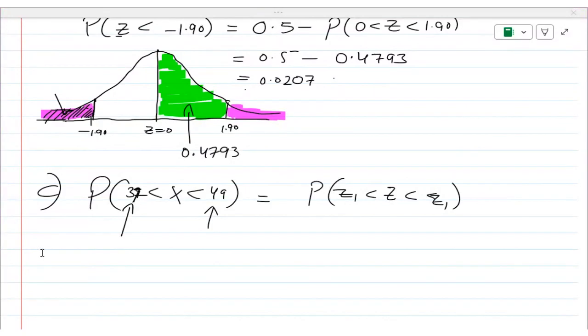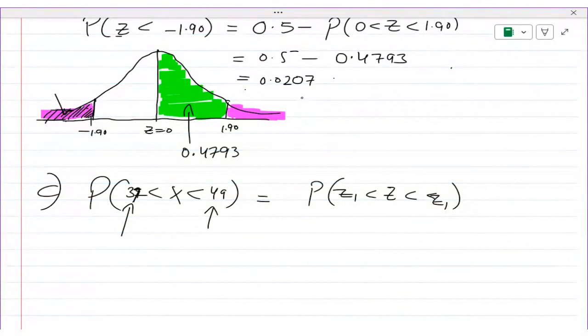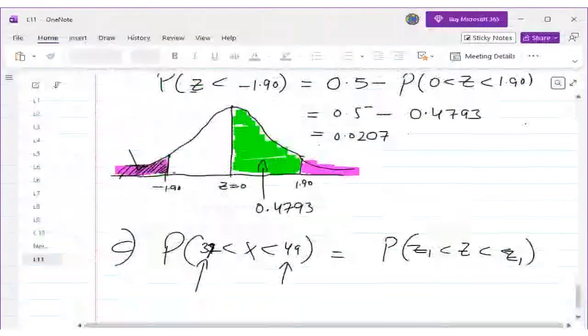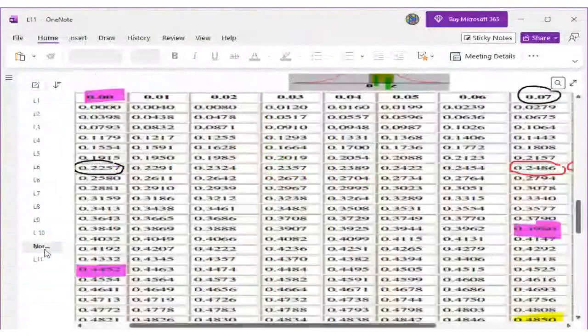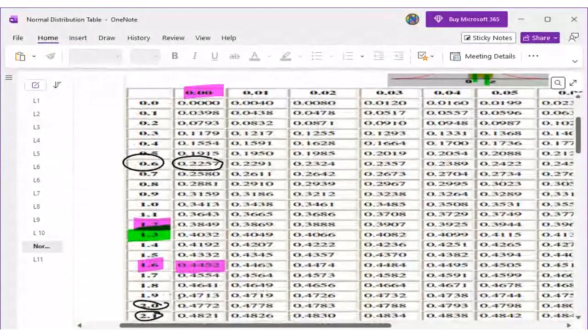Sir, 87. Oh, 87. Okay, let me see. If it is 4793, then it will be 0.0207. Otherwise, we have to see whether I have written it correctly. 1.9, so it was 13.